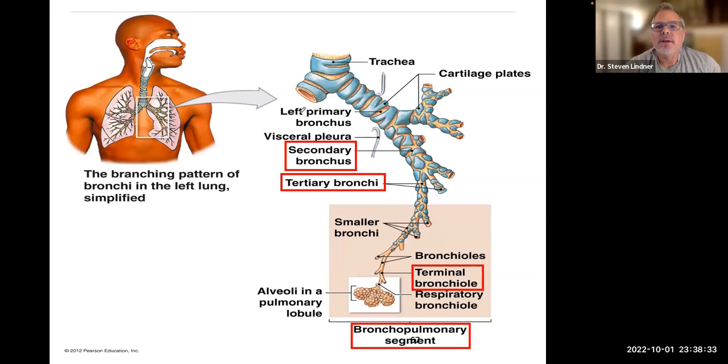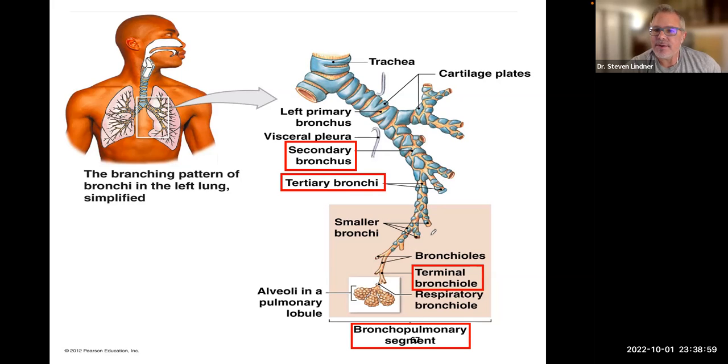So here is another picture showing the trachea. Here's the carina. Here's the right primary, and then the left primary bronchus. And the primary then leads into a secondary bronchus. And the secondary bronchus leads into tertiaries.